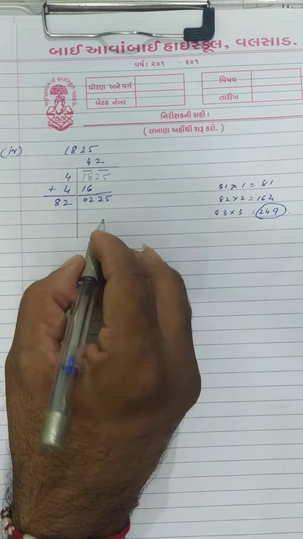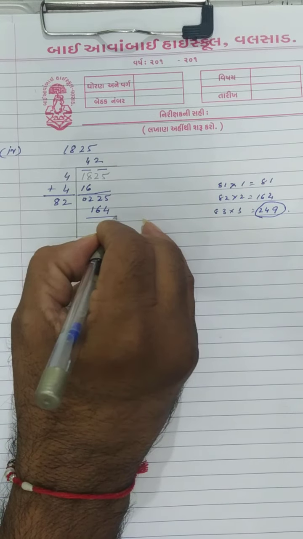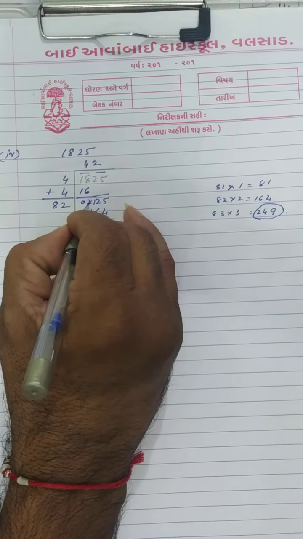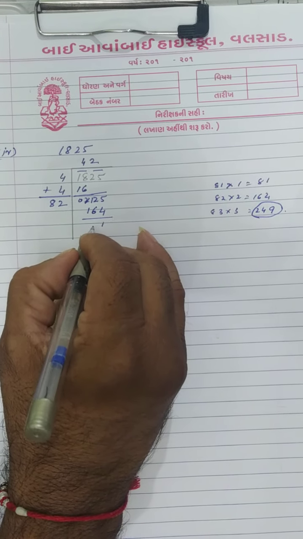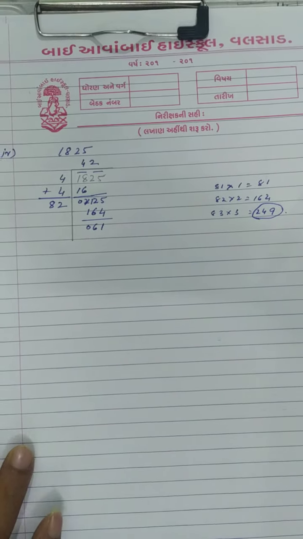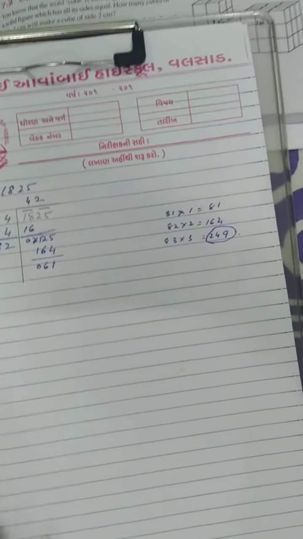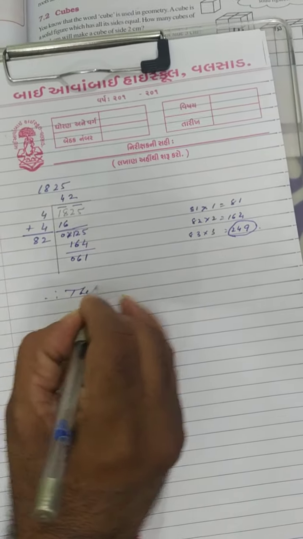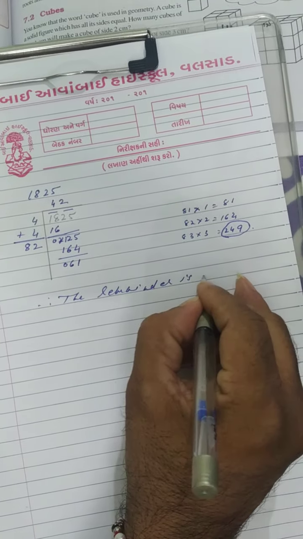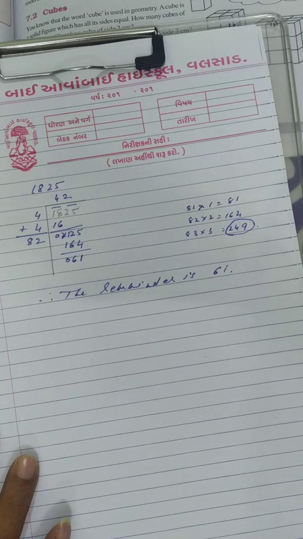82 2s are 164. Now 5 minus 4, 1. Now 2 minus 6 is not possible. So 12 minus 6, 6, 0. So the remainder that remains over here is 61. The remainder is 61, right?